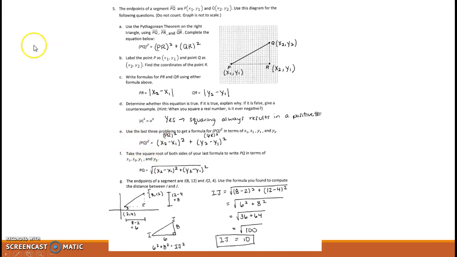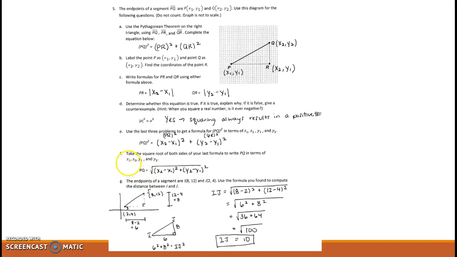So for part E, the formula that we get, PQ squared is equal to PR squared plus QR squared. The expression we have for PR is x2 minus x1 squared, and the expression we have for QR is y2 minus y1 squared. So if we just want to know the length of PQ, we're going to take the square root of both sides. And that's this expression in F, which is the distance formula.